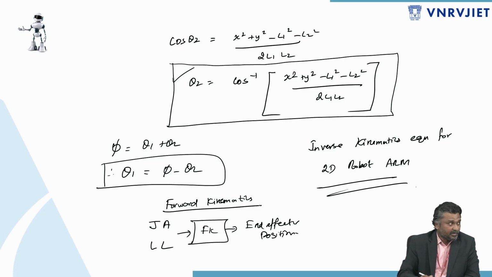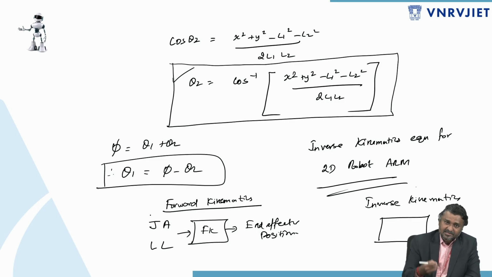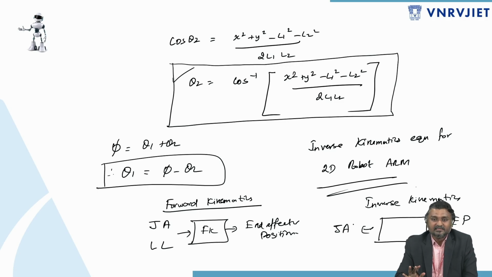That is forward kinematics. And what is inverse kinematics now? In forward kinematics I identify the end effector position. So from the end effector position I have to identify only the joint angles. Here I am not considering the link length.